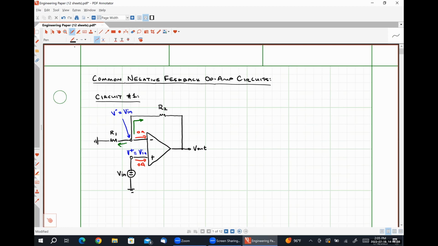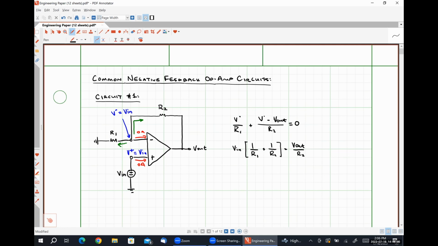So my KCL equation is going to look like V minus divided by R1 plus (V minus minus V out) divided by R2 is equal to 0. Substituting in that V minus is equal to Vin, and moving things around a little bit, we're going to have Vin times a factor of 1 over R1 plus 1 over R2 will be equal to V out over R2.